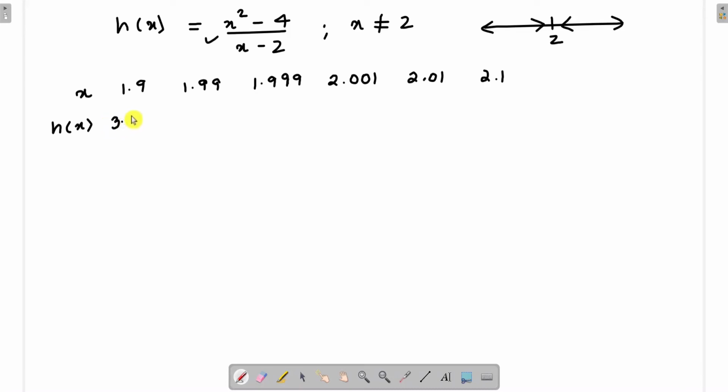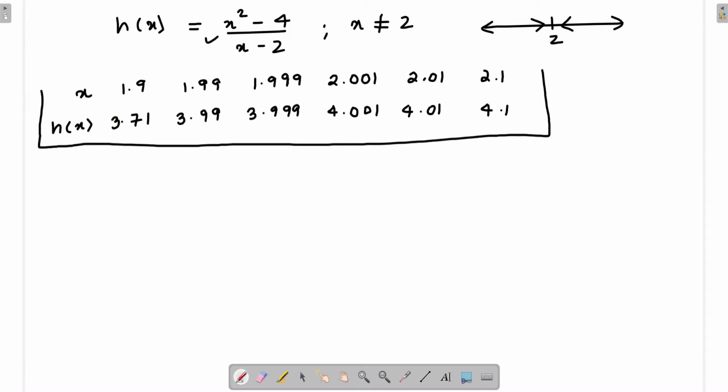So we get 3.71 for 1.9, then 3.99 for 1.99, then 3.999 for this value, and here we get 4.001, then 4.01 here and 4.1 here.